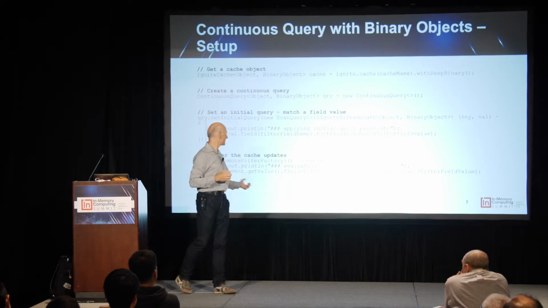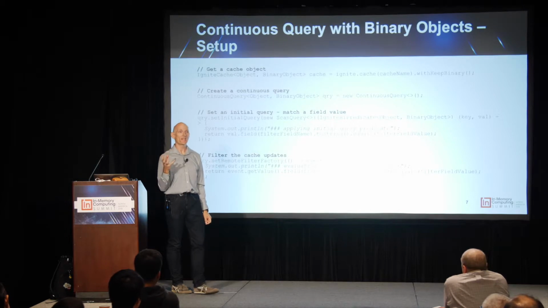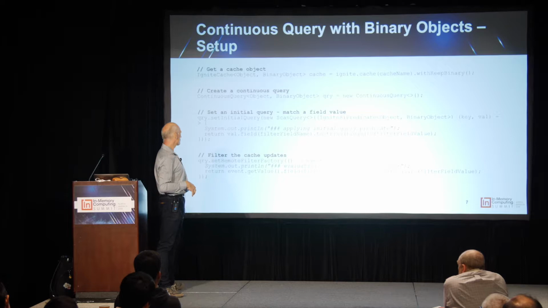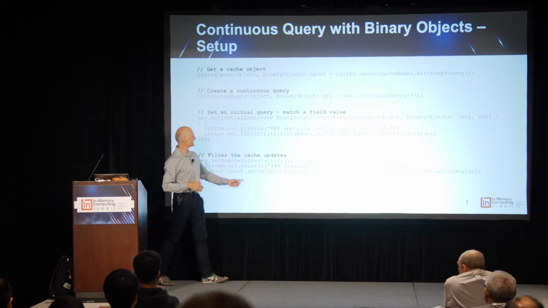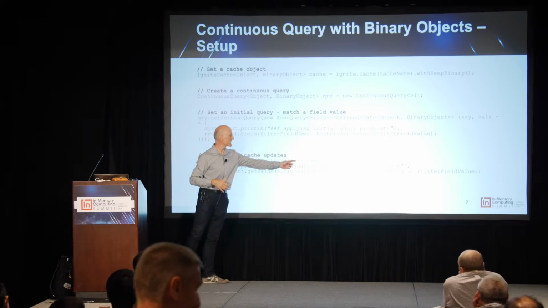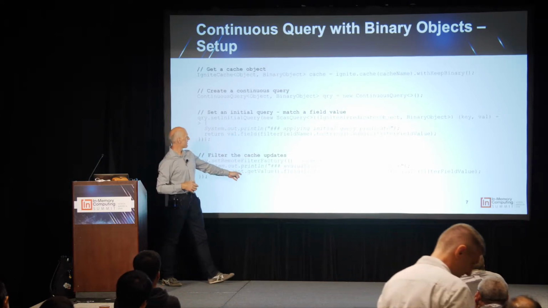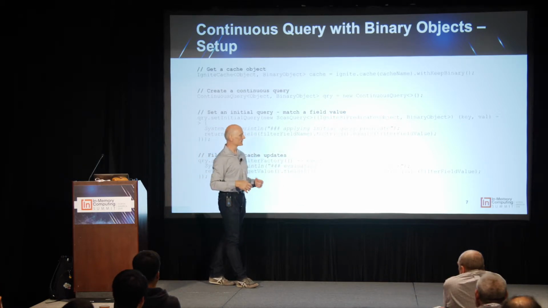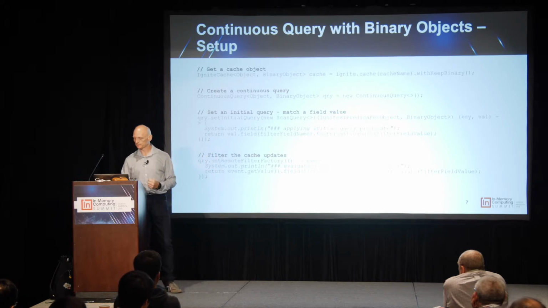And this is where the Java Lambda syntax makes things very, very concise, which is nice, but it can be difficult to see what's going on. But basically here, I'm setting up a factory that gives me something that's going to process an event. And then on the event, I'm saying, OK, if the value of this field equals that value, then, again, I want to know about it. It's basically the same as that initial query.